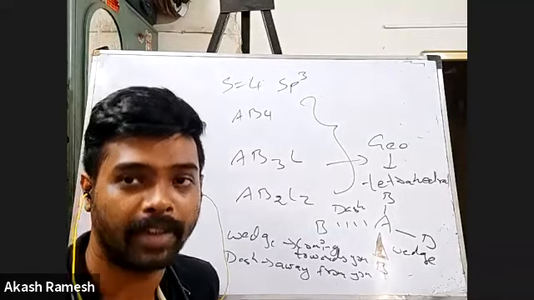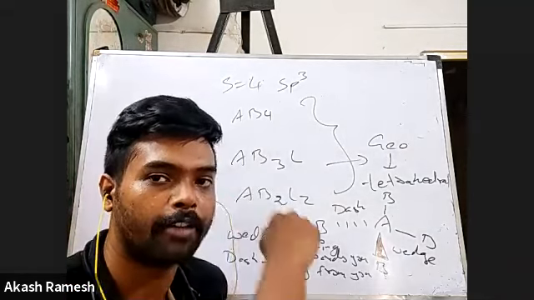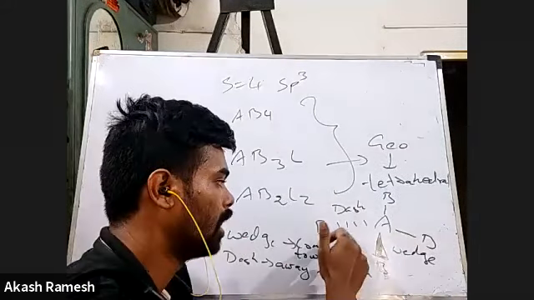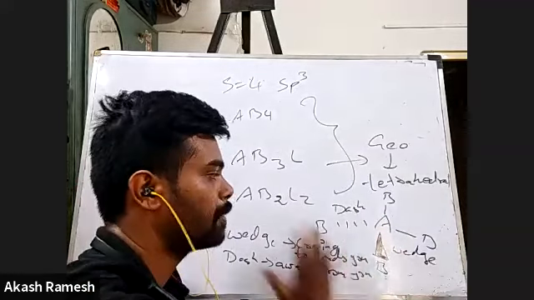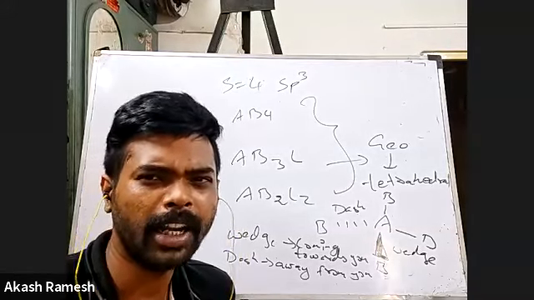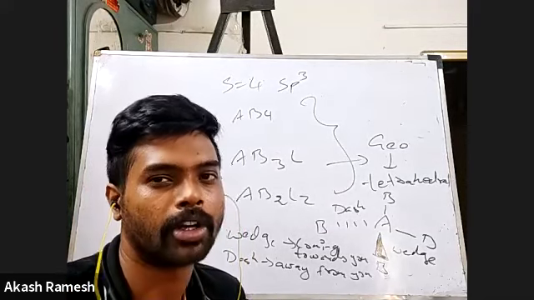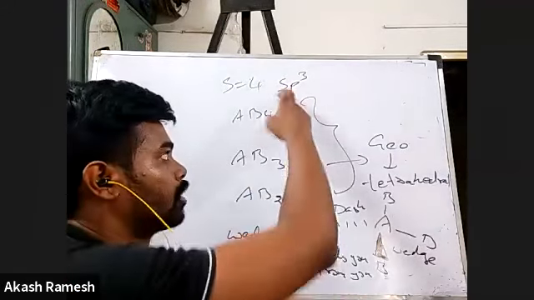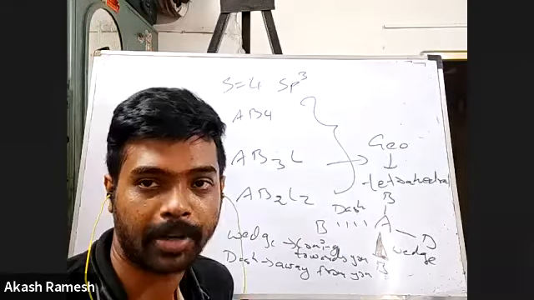So this B is coming towards you, and this B is actually inside the plane of the board. And this shape is what is called the tetrahedral shape, right? So many carbon compounds, many organic molecules, will have this shape only, given that the carbon atom is sp3 hybridized, because we're seeing only sp3 hybridization. Okay, right? So you can have a tetrahedral shape.